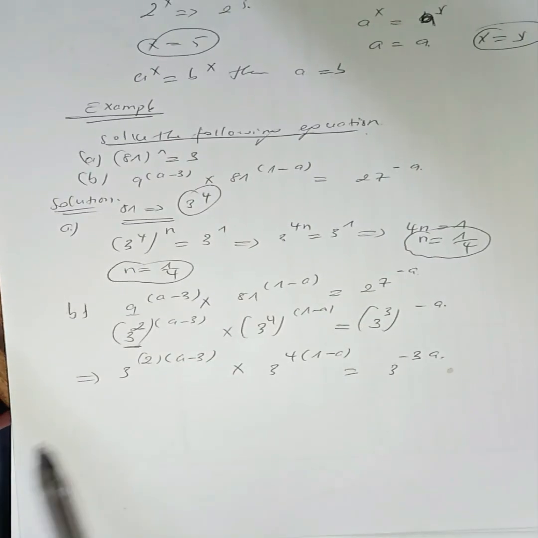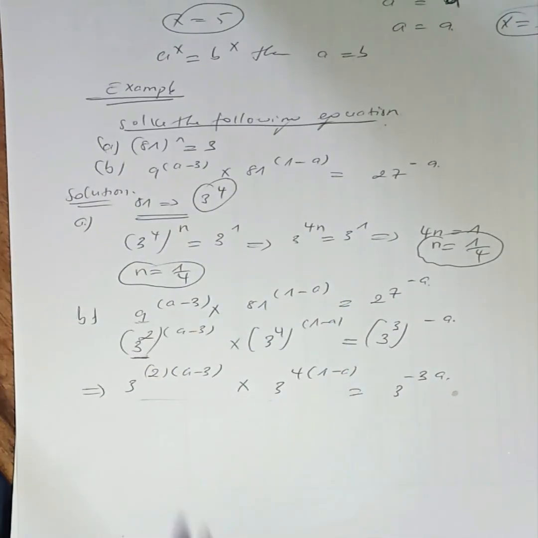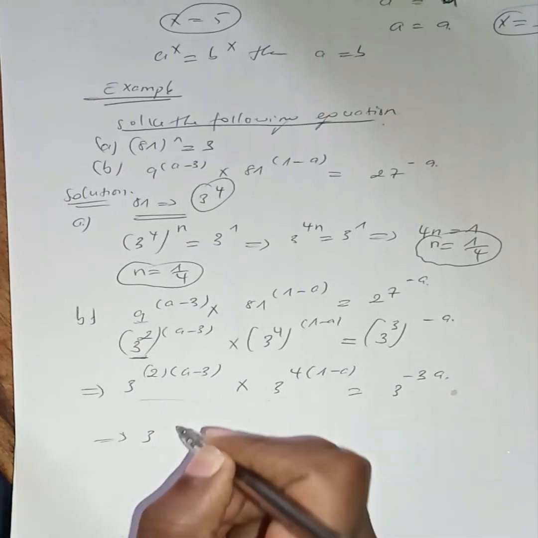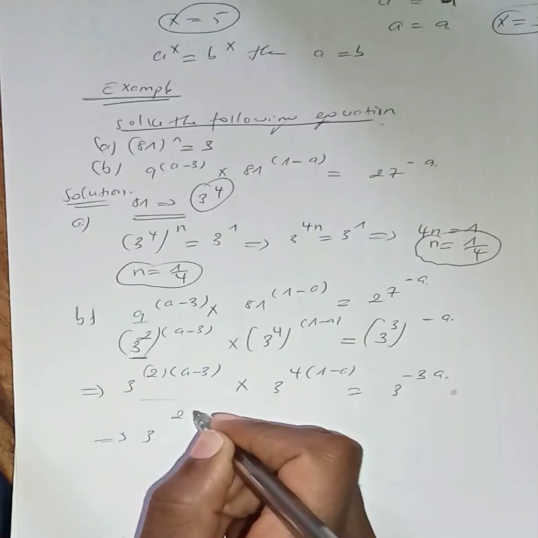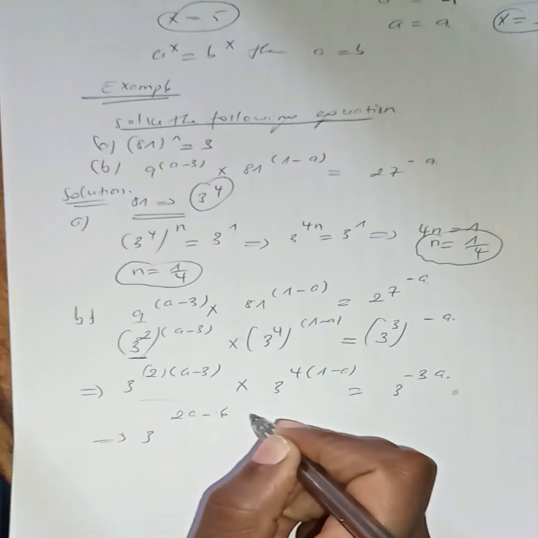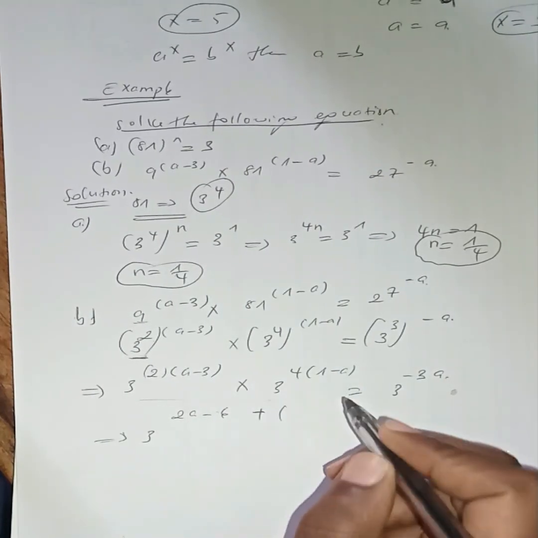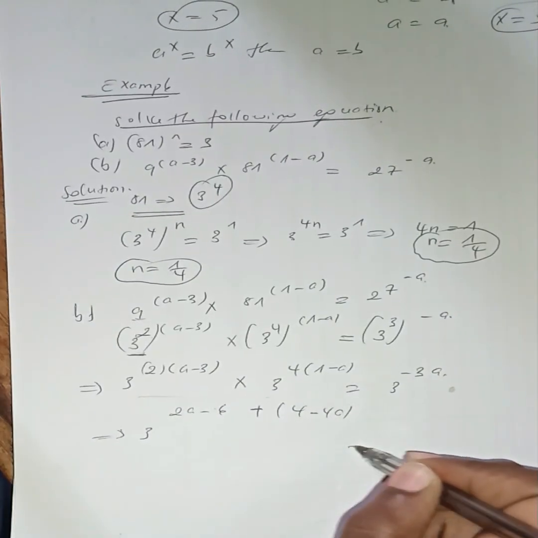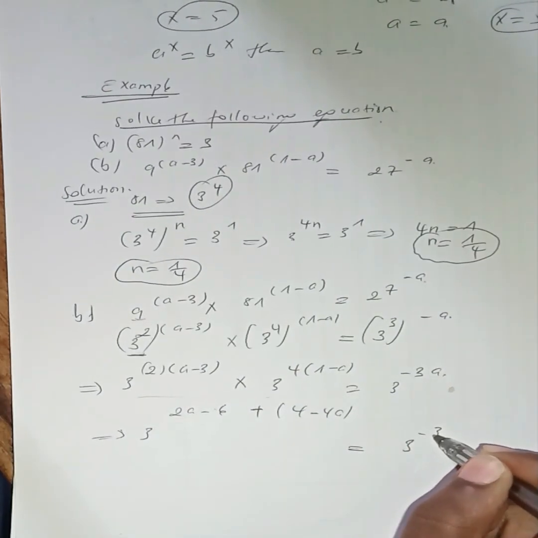Here we will add our powers, or our indices. So we will have 3 power 2a minus 6 plus 4 minus 4a, which is equal to 3 power negative 3a.